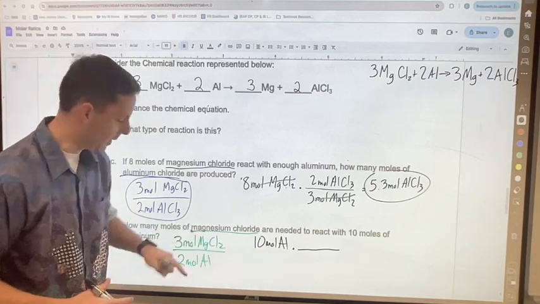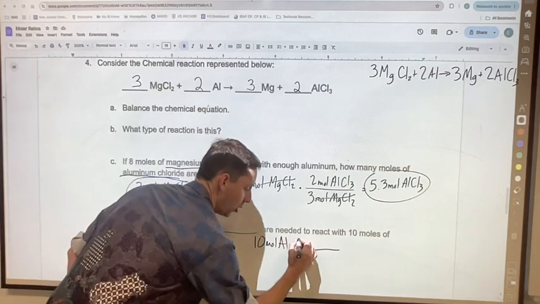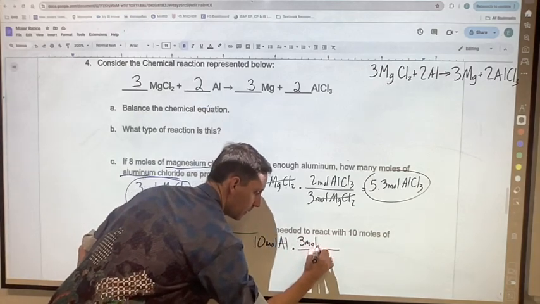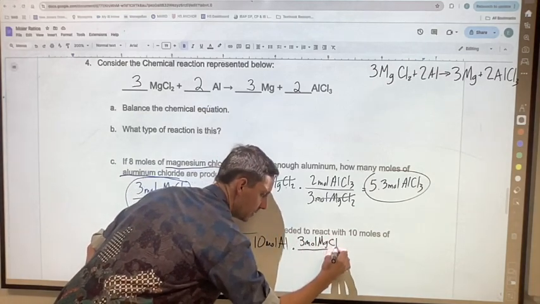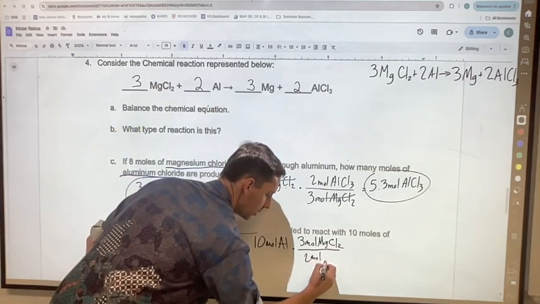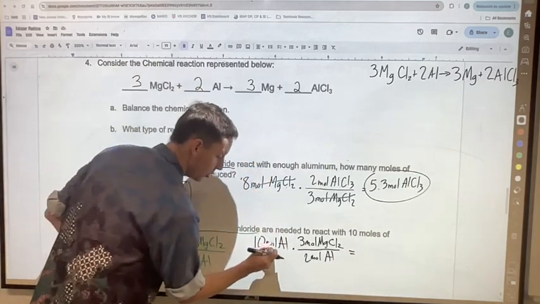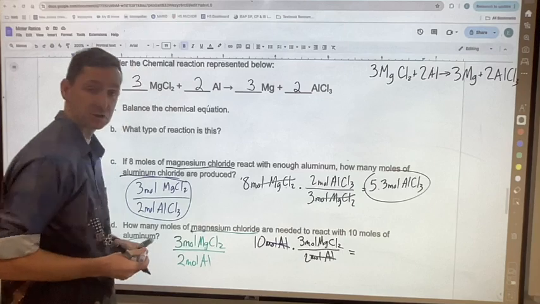And so this time, I'm just going to write this as is. I'm going to write 3 moles MgCl2 and 2 moles aluminum. And we see that the moles of aluminum cancels out.